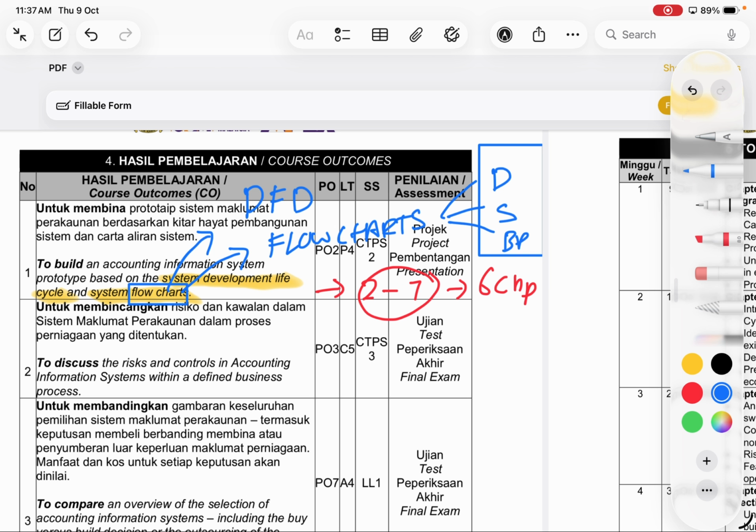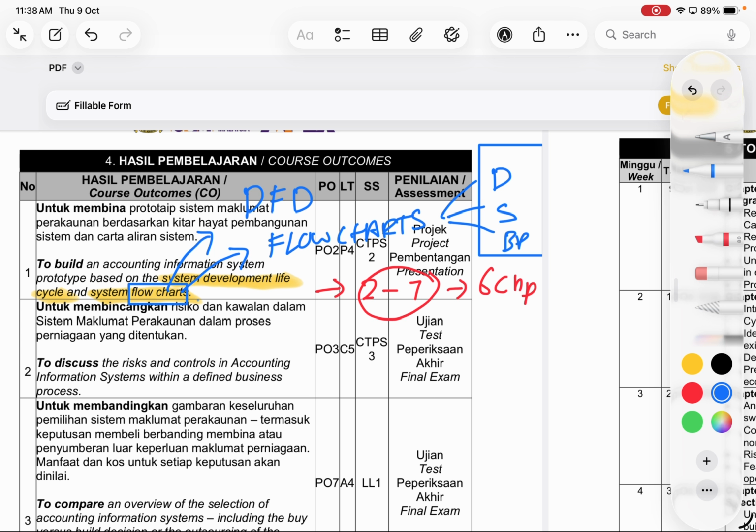In practice, you don't really come out with a diagram for this document, and then for the system. Sometimes you combine them, mix them together, and you got your own flow charts. Then come back to the user. When the user looks at it, is it clear or not? If it's clear, it is okay, then it is acceptable.